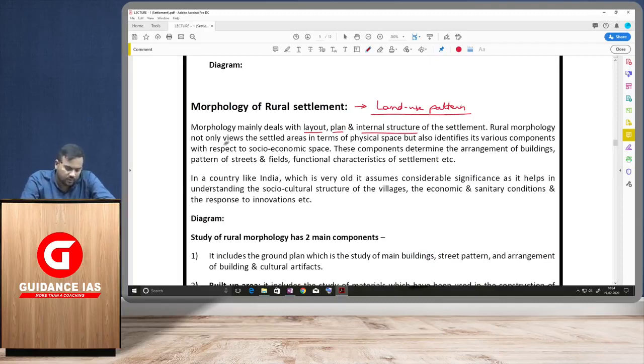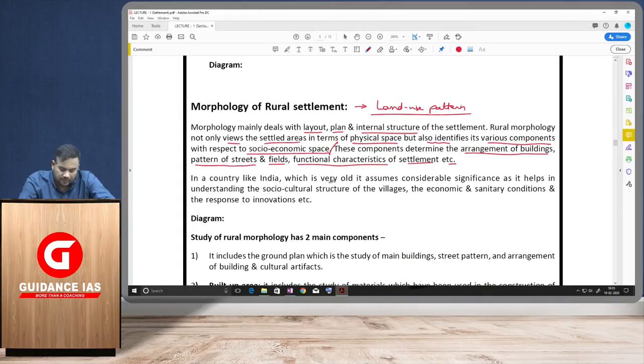So rural morphology not only views the settled areas in terms of physical space, but also identifies its various components with respect to socio-economic space. These components determine the arrangement of buildings, patterns of streets and fields, functional characteristics of the settlement. All of these are essentially studied as a part of the morphology of the rural settlement.